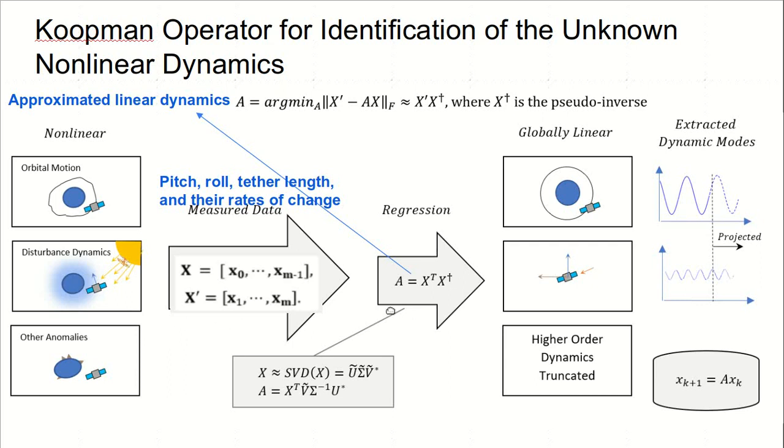And through the Koopman operator based approach, we would find the matrix A, which basically approximates the linear flow of the system. And this matrix is obtained by solving a minimization problem over the Frobenius norm of the measured data.